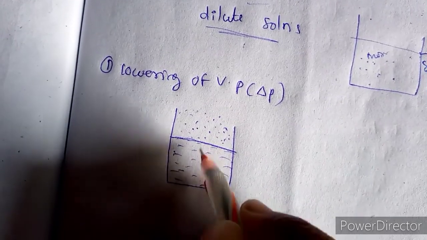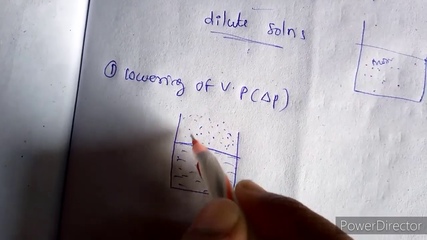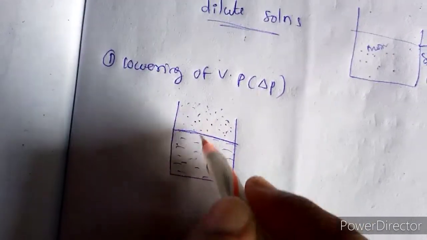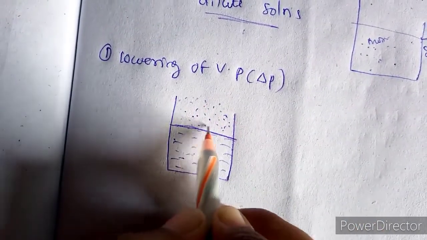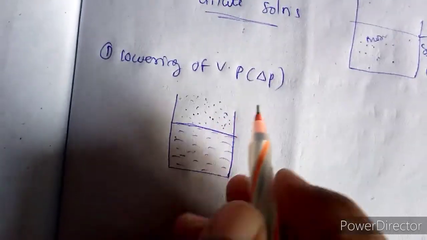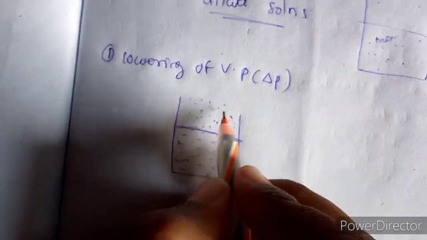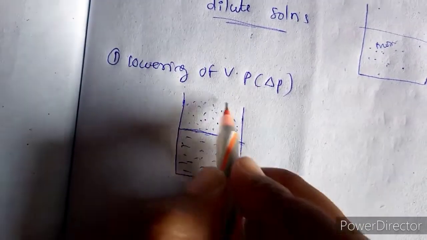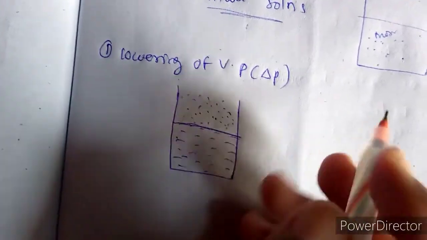This liquid converts into vapor, and the vapor converts back into liquid. There is an equilibrium between the liquid and its vapor. Due to this vapor, some pressure is produced. That pressure is called vapor pressure. The pressure exerted by vapors is called vapor pressure.